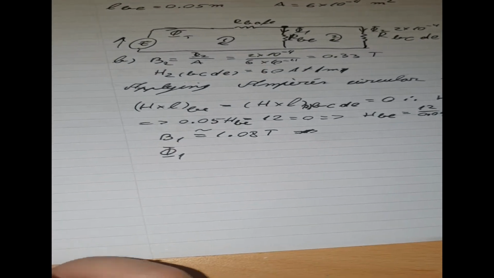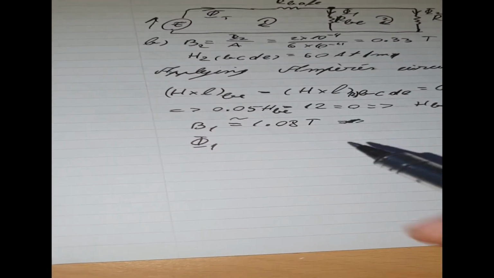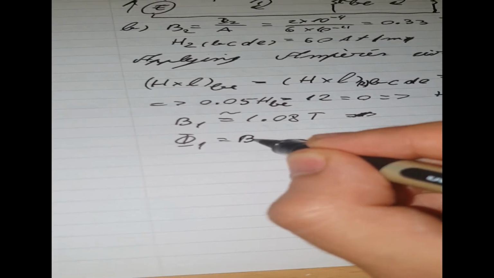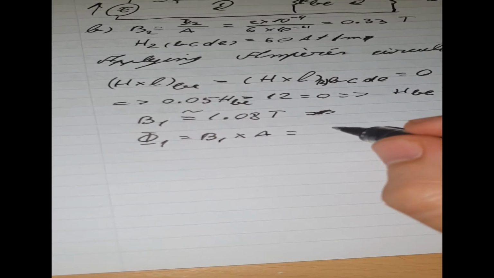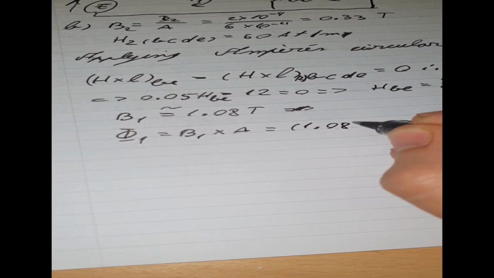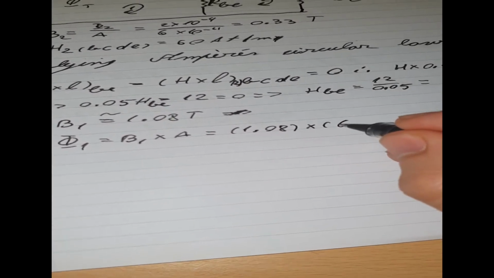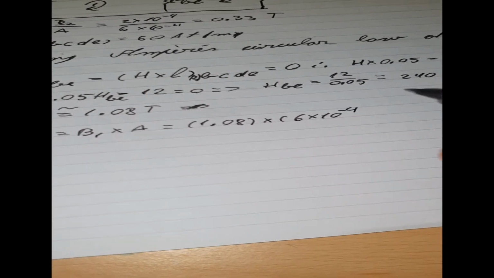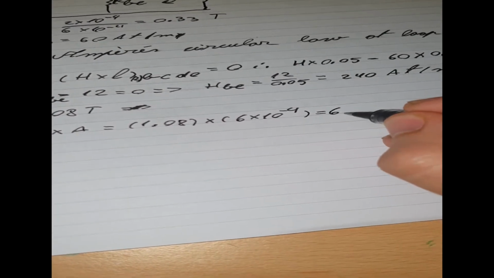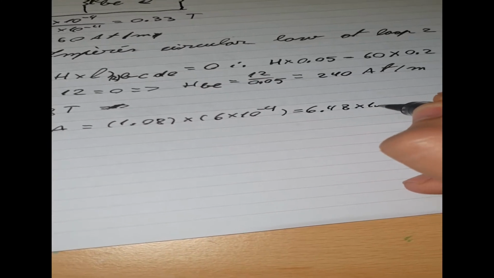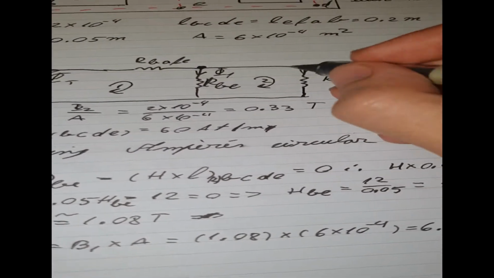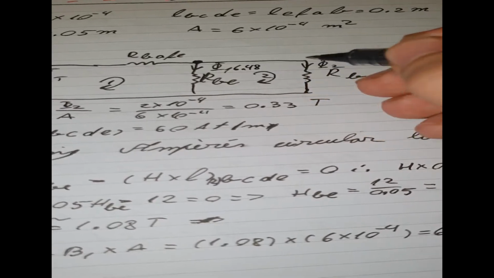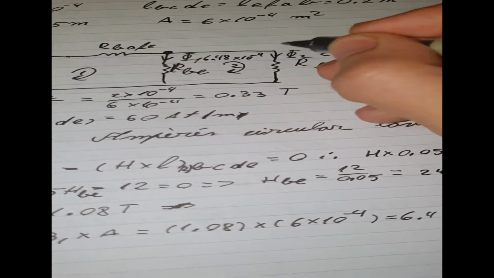Instead of writing this formula like this, we'll just rewrite it as flux 1 is equal to B1 multiplied by the area, and that one will be equal with 1.08 times 6 10 to the minus 4, and that will be equal with 6.48 times 10 to the minus 4 Webers. And there you go, we found now the flux 1, which will be 6.48 times 10 to the minus 4.